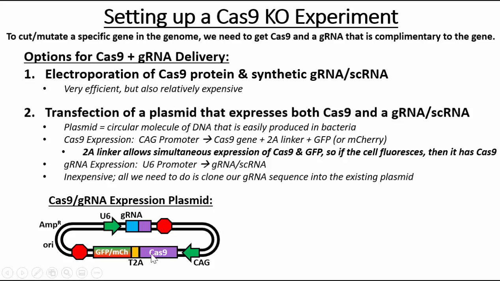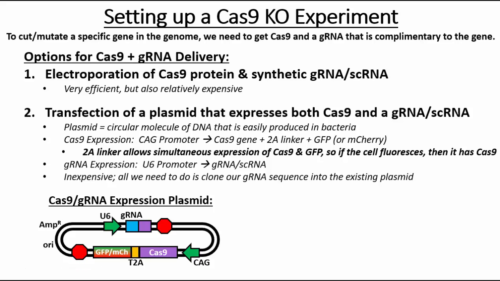But at the same time, it also expresses in the same transcript this T2A linker, and then a fluorescent marker protein, something like GFP or mCherry. Now, the reason we put the 2A linker in the GFP here, for example, is that the 2A linker allows me to express 2 proteins simultaneously, such that every time I express Cas9, I will also express this second protein over here.